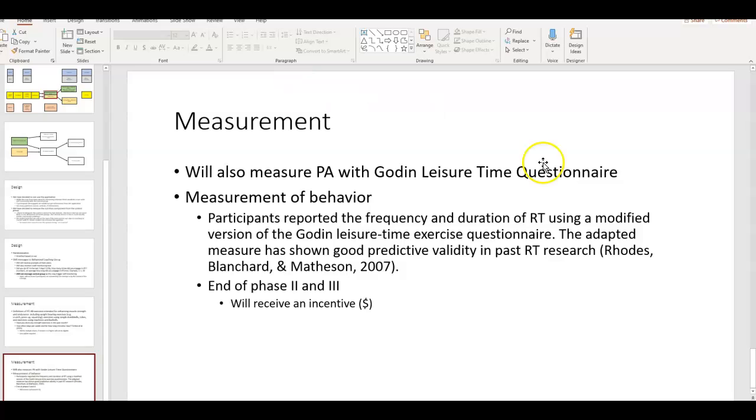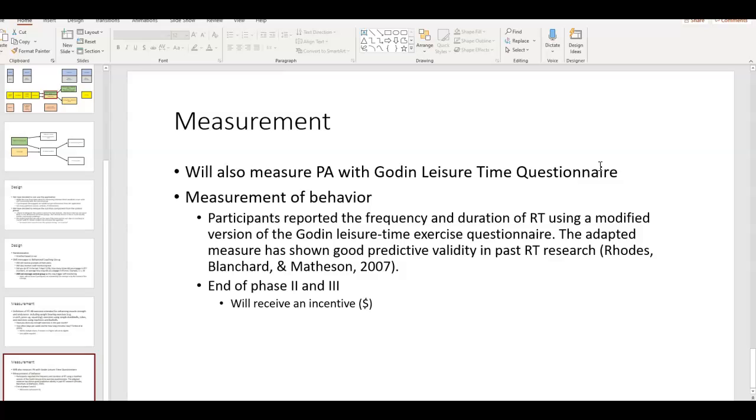In terms of measuring behavior, we will also measure physical activity as soon as participants join the study, and at the end of the study. For behavior, we will be using the modified Godin leisure time questionnaire. When we look at the literature, it's one of the more frequently used ones.